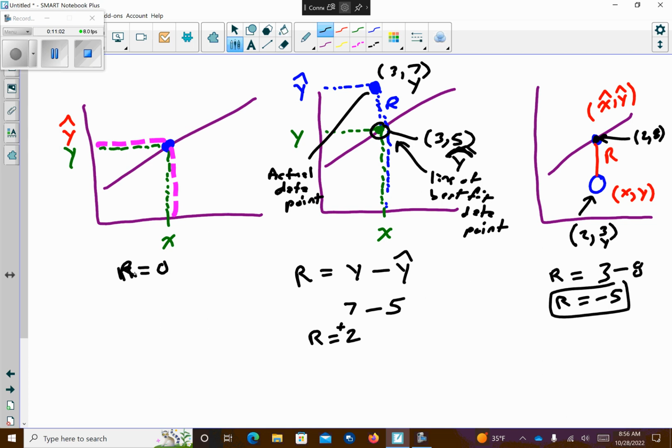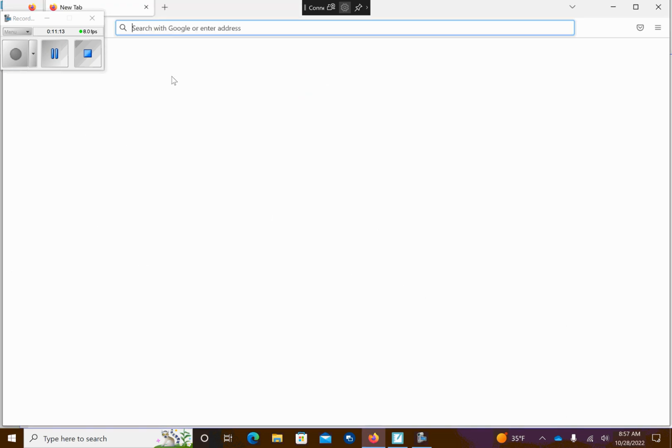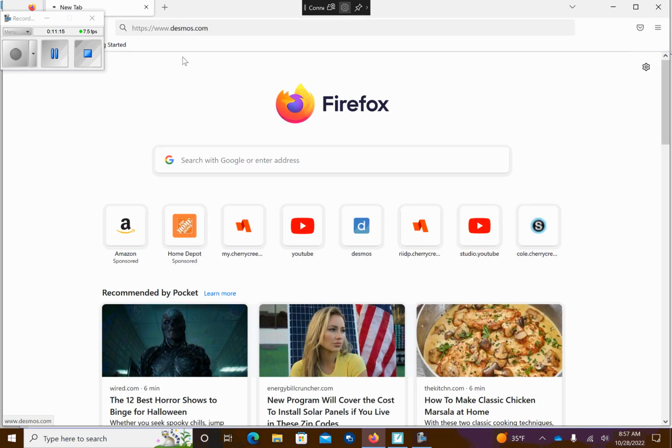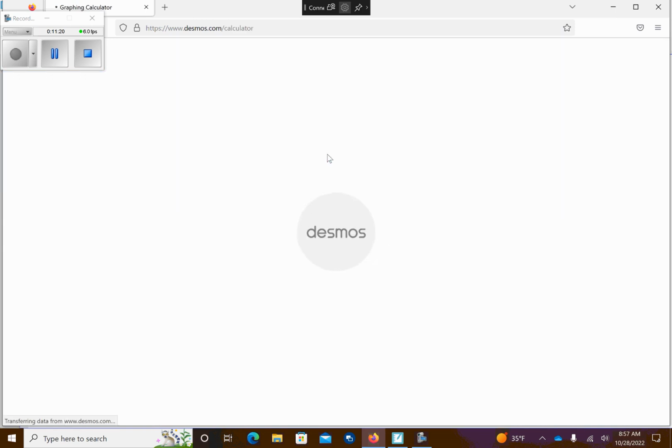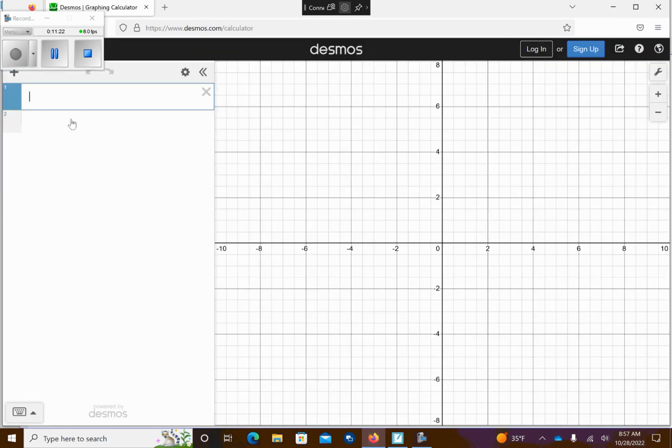Let's say I was comparing shoe size to height. It doesn't matter. I'm just going to make up values rather than go around the room having people figure out their height in inches and their shoe size. So let's say I have someone with a size 8 foot who is 65 inches tall.